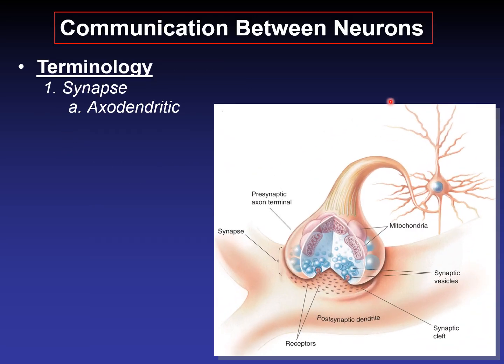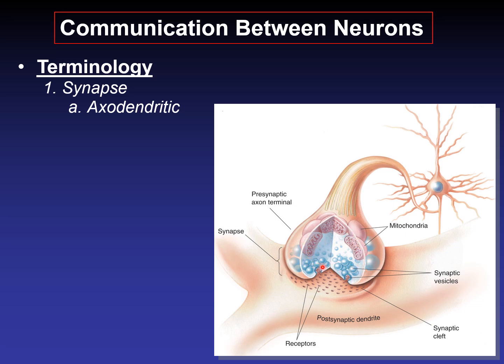So thus far, we've talked about the axon and the action potential and saltatory conduction. Let's lay out a few more terms here that we'll need as we move forward. Specifically, we're going to go from talking about the action potential being conducted down this axon to talking about what happens in the axon terminal, and more specifically in the terminal button.